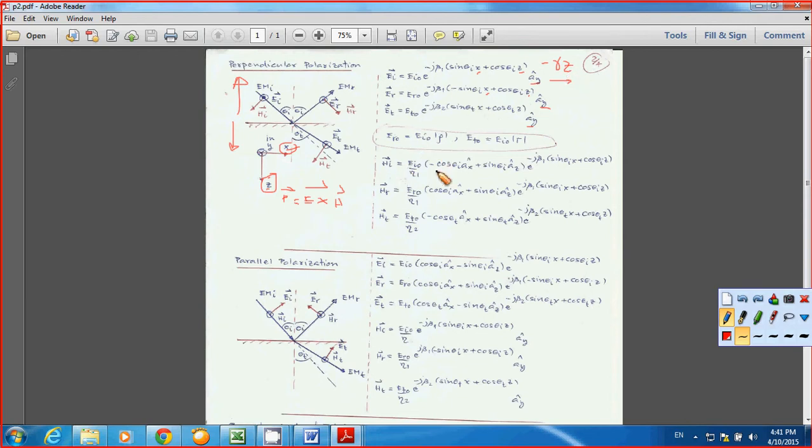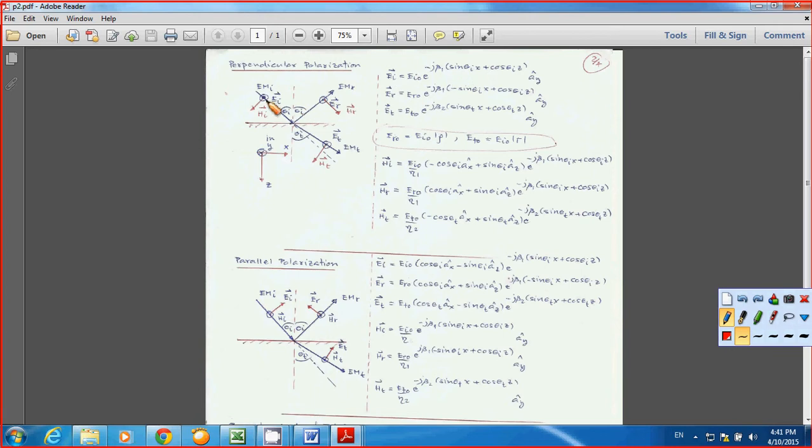Even for the magnetic field, you still have x and z, right? I'm not getting into how to derive this one here, but I can show you a bit of how to get it.